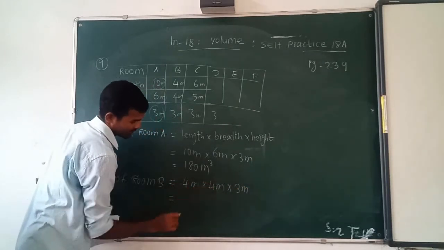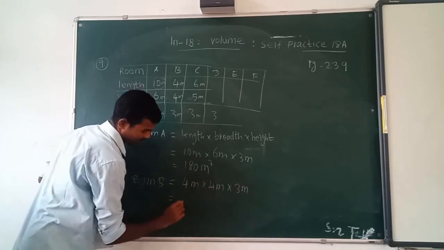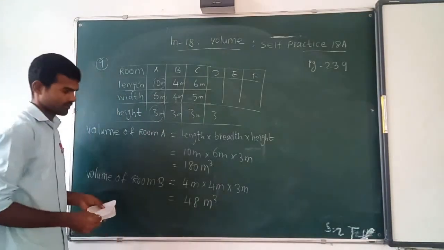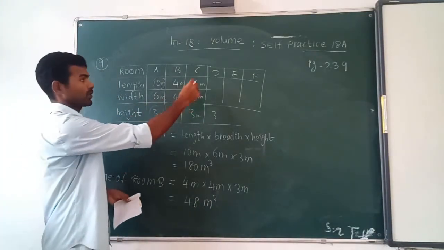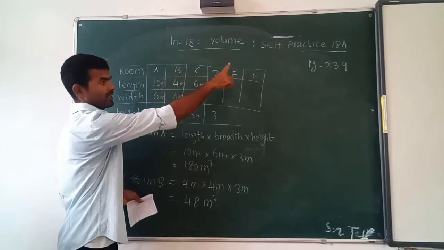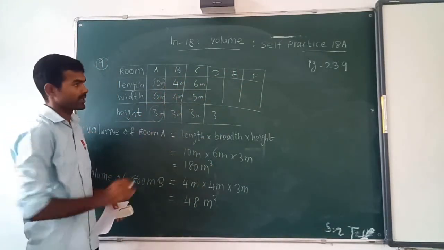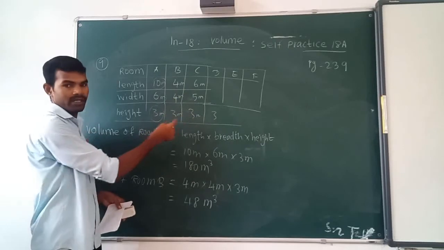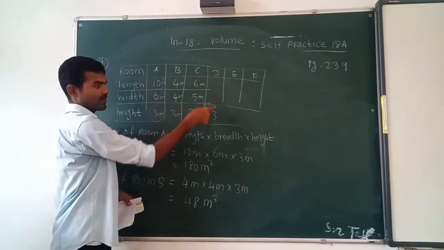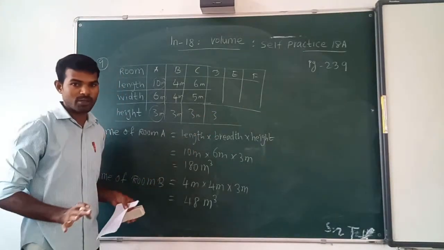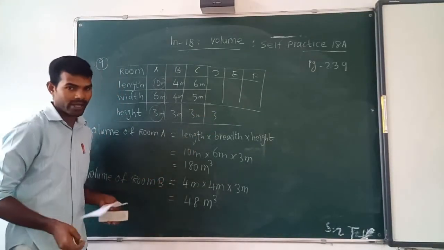Multiply 4 by 4, 16. 16 multiplied by 3 is 48 meter cube. Like this, you can do C, D, E, F. Same method: all the 3 numbers are multiplied. 6, 5, 3. Whatever numbers are given, multiply by 3. Whatever number is there, just multiply by 3, and that is the answer.